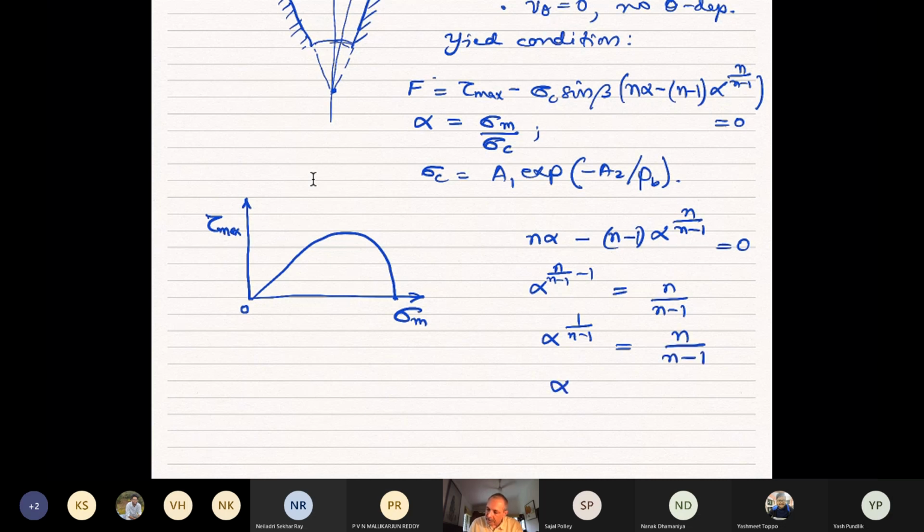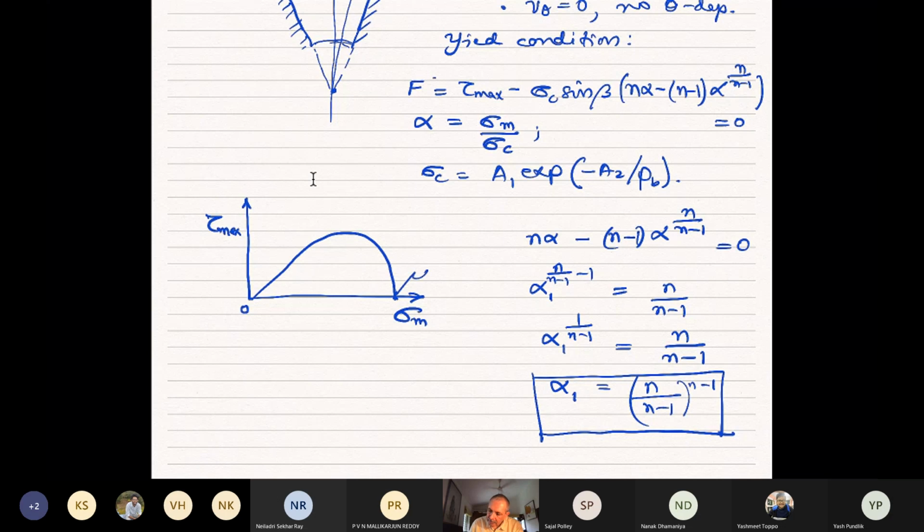So the second root where this thing is 0, let's call it alpha 1, just to be clear, is just equal to n divided by n minus 1 raised to the power of n minus 1. So this is the second root that we get.